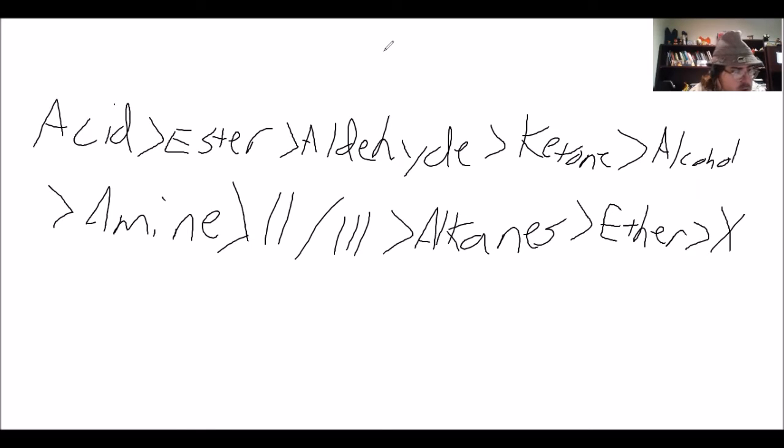When we have two alcohols in a compound, we call this a diol. And we'll have to name and number this depending on where the alcohols are at. So right now, there's 1, 2, 3, 4, 5.